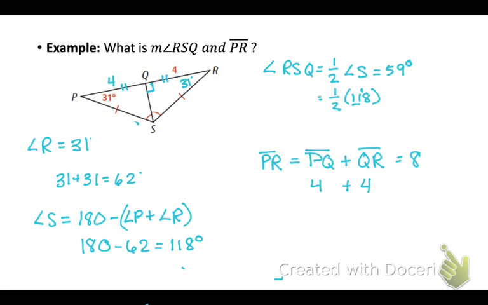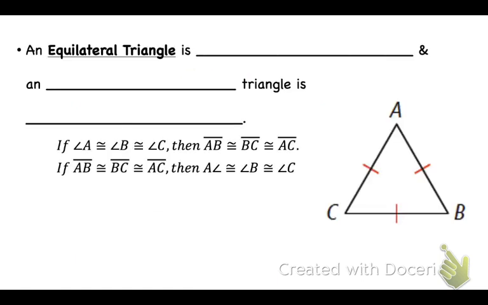Okay, last thing we have is an equilateral triangle. What does equi mean? Equal. What does lateral mean? A side. Lateral is a side. So an equilateral triangle is equiangular.